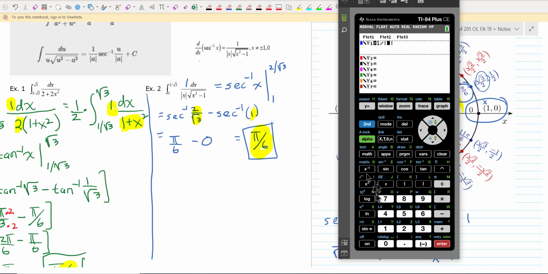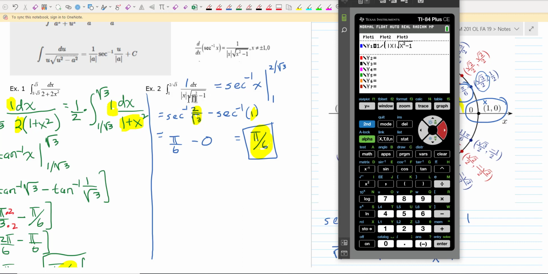And then you would just put in absolute value of x like that. Now I do need to insert a parenthesis. That entire denominator needs to be in a set of parentheses. So, okay, I've got absolute value of x, and then I've got square root of x to the second minus 1, all under 1 radical, like that.